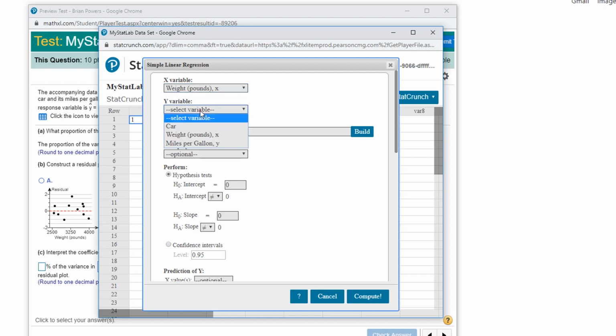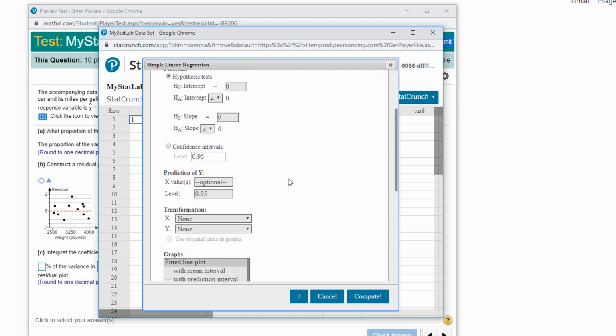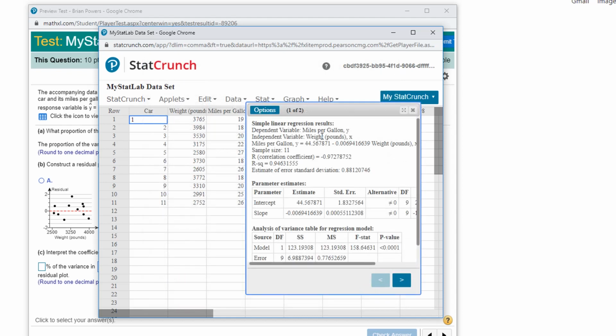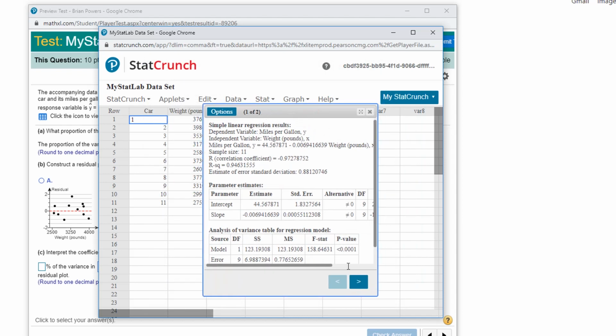The weight is x, miles per gallon is y. Now I just scroll down a little bit, and I can graph the residuals, not the residual index plot, residuals versus x values. That's the graph that I want, because I want the x value, which is the weight, as my horizontal variable, and I want to plot that against the residuals. And that's all I want. I'm going to click compute.